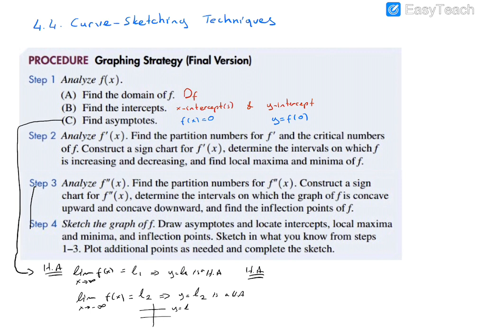For the vertical asymptote, you should find some point such that when x approaches that point, the limit goes to infinity or minus infinity. So the limit when x goes to a from the left or the right, one of them is enough, of f of x equals plus or minus infinity.